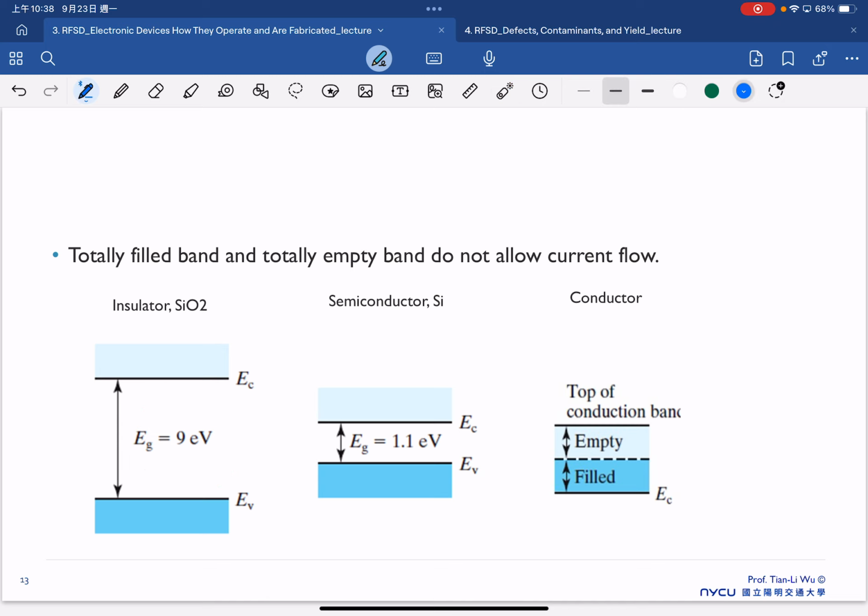So that's why we can expect the electron flow inside the insulator is very difficult because of this huge band gap. And then the conductor has an overlap of the bands. So that's why the electron can easily flow inside the conductor.